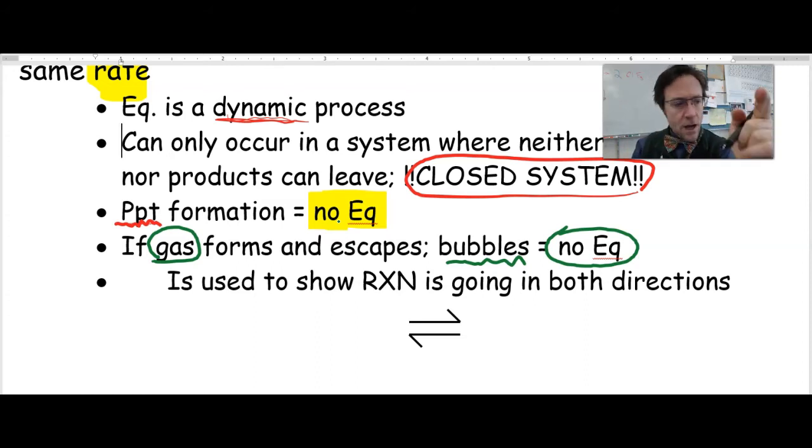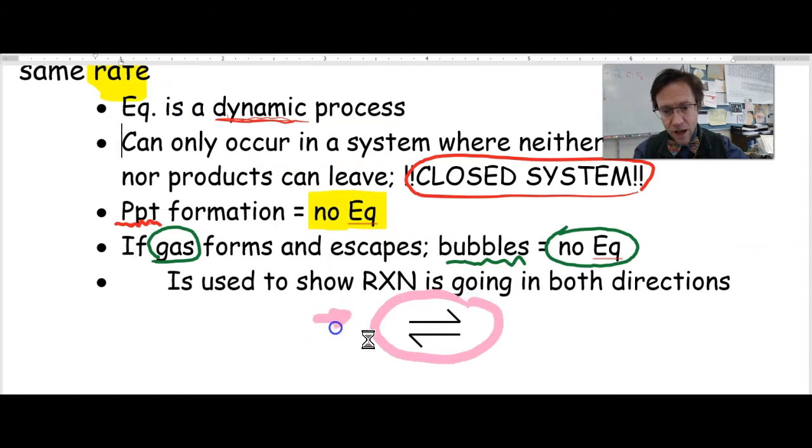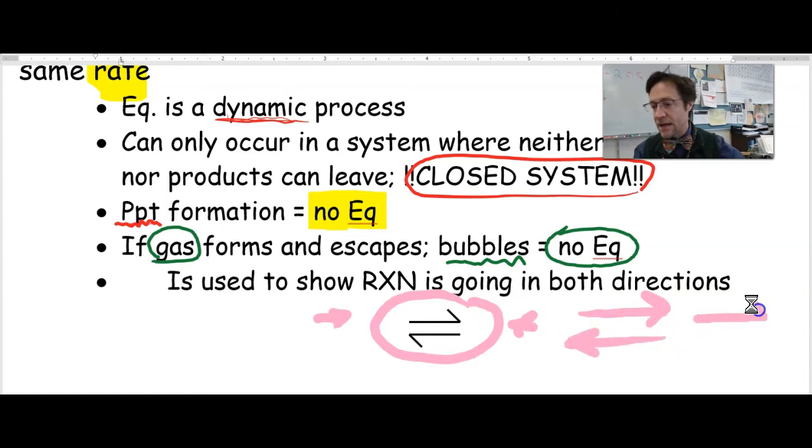You dig? The other thing that is a good thing to be able to recognize is this little wonderful symbol. This symbol means equilibrium. That is the equilibrium symbol. If you can imagine, it's like taking a forward arrow and a reverse arrow and mashing them up, and you get half of a forward and half of a reverse, because both forward and reverse reactions are happening there.